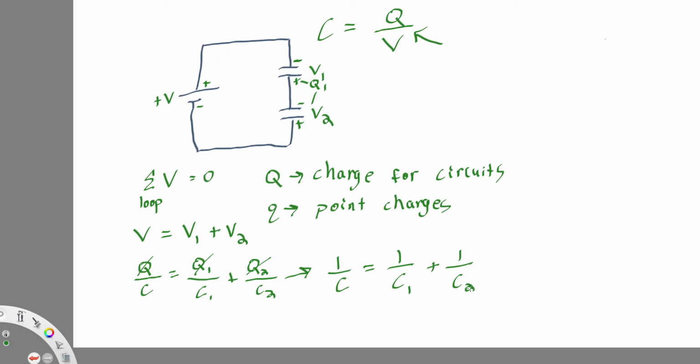So we get a relationship between capacitances in series that looks exactly like our relationship for resistors in parallel. Does anyone want to guess what we're going to end up with if we consider capacitors in parallel? We'll add them. Yeah.